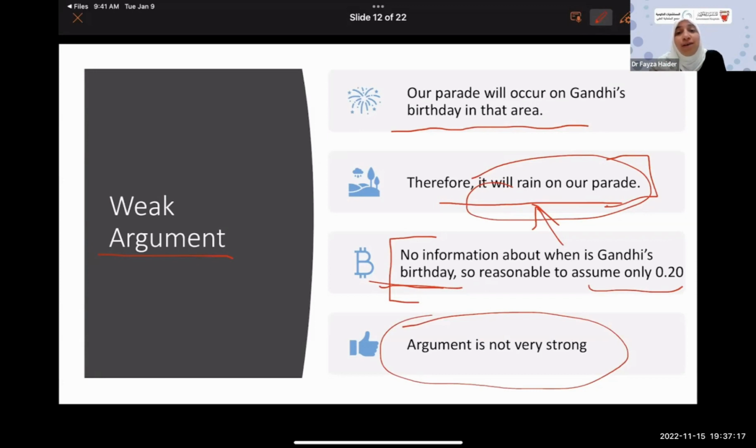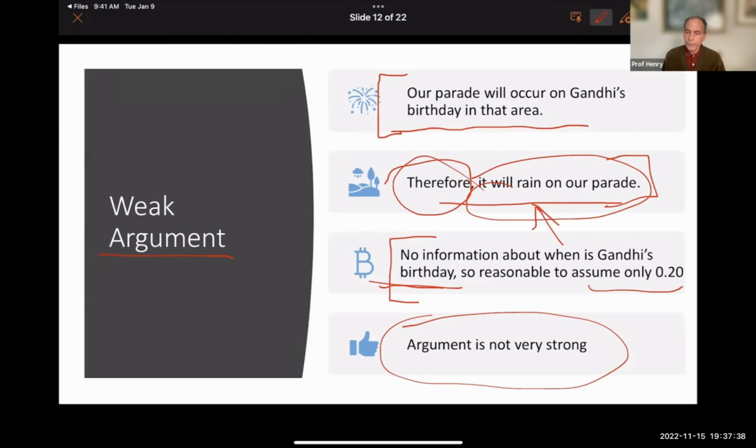So I think even the first premise is weak, not the second. No, our parade will occur on Gandhi's birthday. That's a fact. Now, this is the conclusion. It will rain.